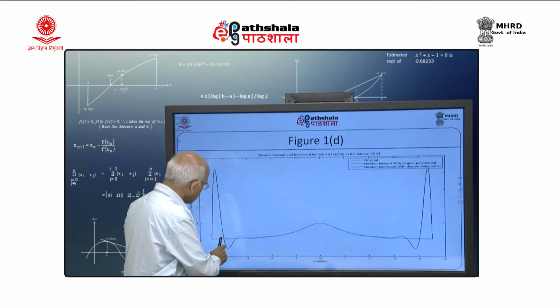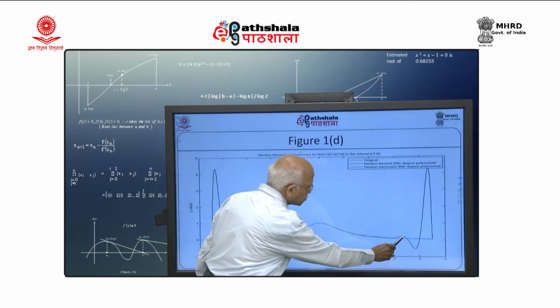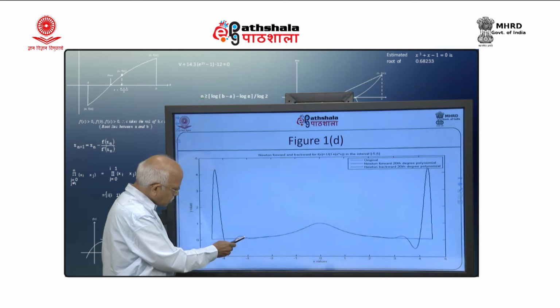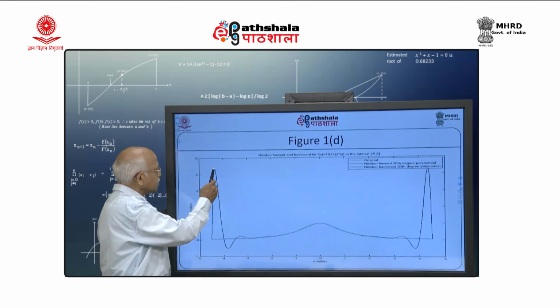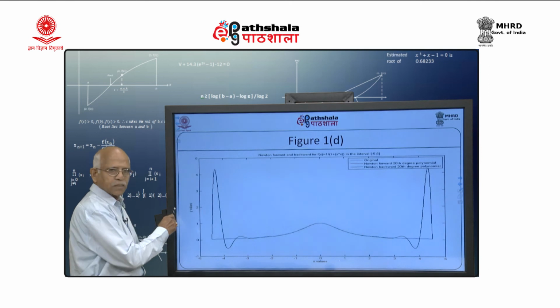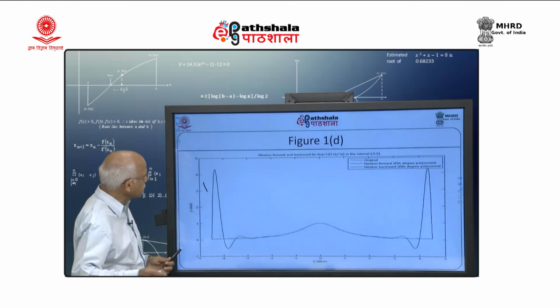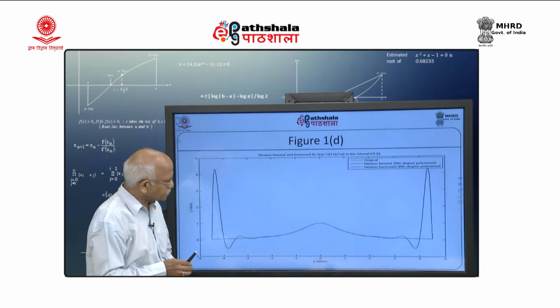You can see now that the blue curve almost coincides up to this, and then the error comes. So, a small error, then a little bigger error, and then it goes bigger again. Therefore, the error goes on increasing towards the end, you can see that.